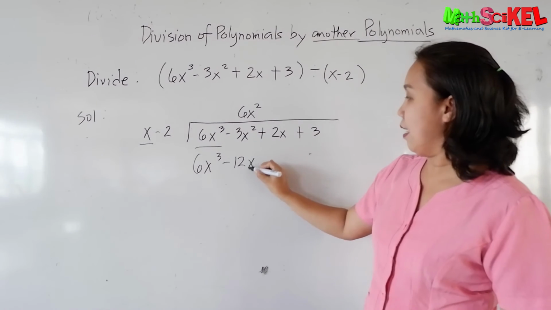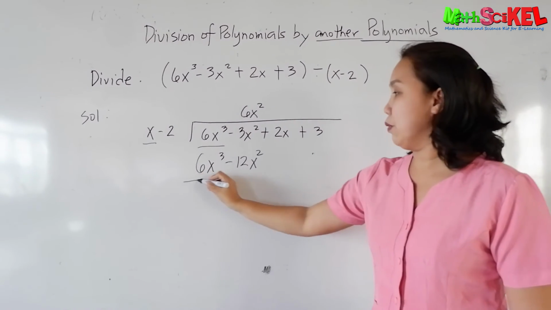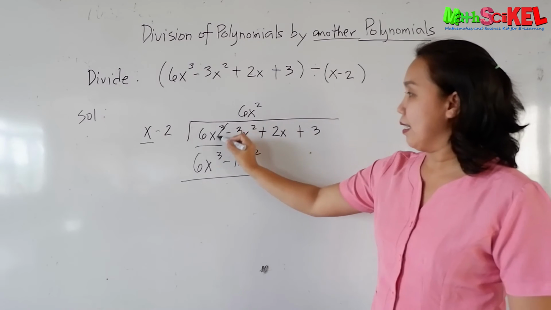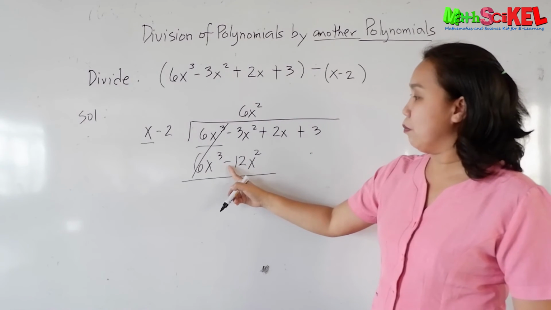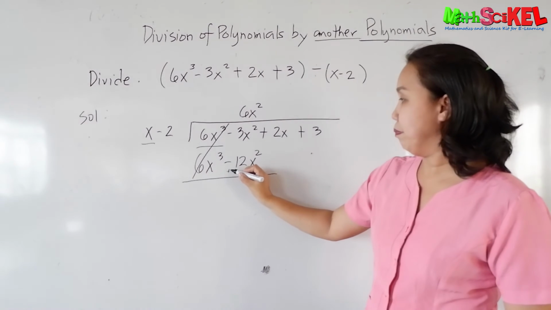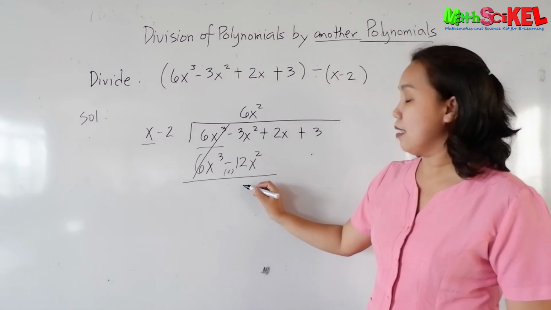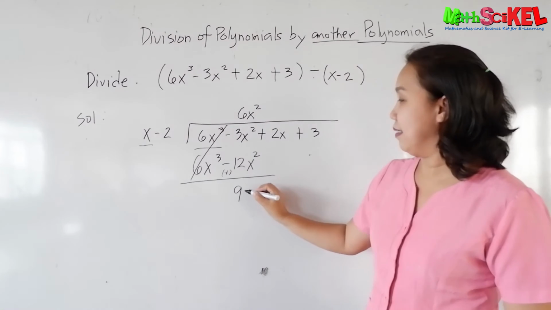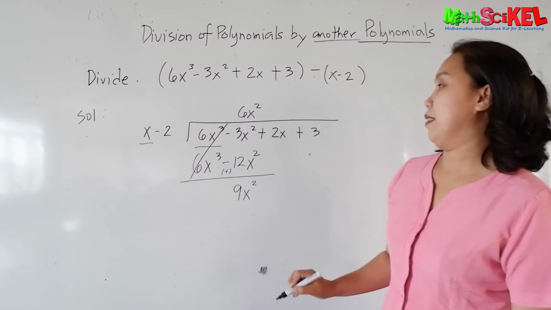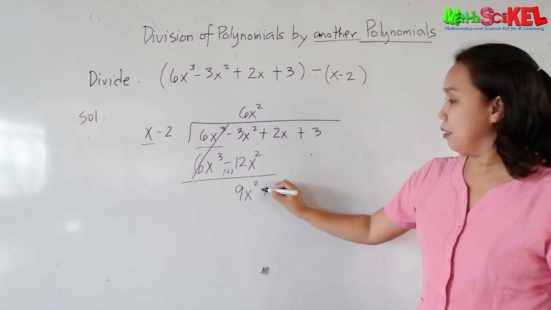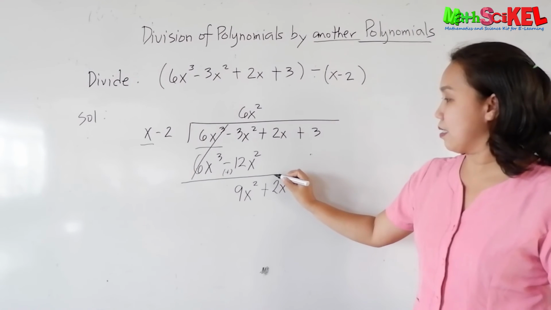Copy only x squared. Proceed to the process of subtraction. Cancel. Negative will become positive. So negative 3 plus 12 is 9x squared. Then bring down 2x.